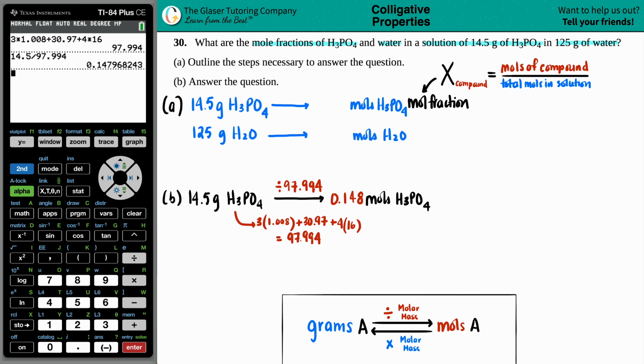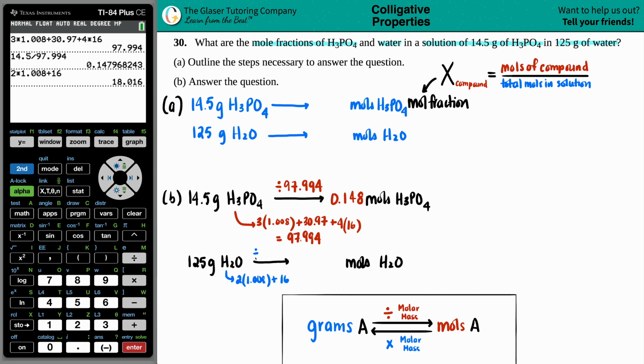So just like we said, we had to do it for H3PO4, we've got to do it for the H2O. So we have 125 grams of H2O. Let's find out the moles of H2O. Divide by the molar mass. You've got 2 hydrogens, so 2 times 1.008, and then plus 1 oxygen, so that's 16. 2 times 1.008 plus 16, you get roughly 18.016.